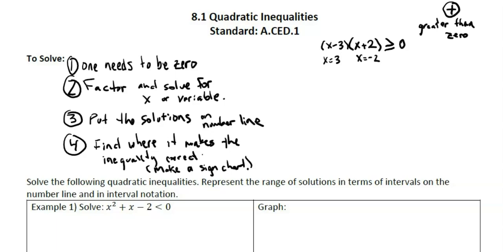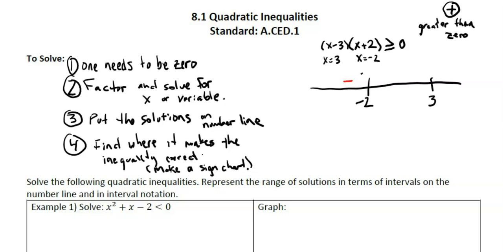And so I can graph these two things on a number line. I put negative 2 off to the left and positive 3 to the right. And then I consider negative 2 to be like the center part, like the 0. And so everything to the left of negative 2 would be negative.